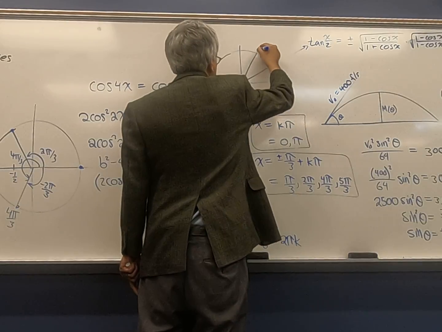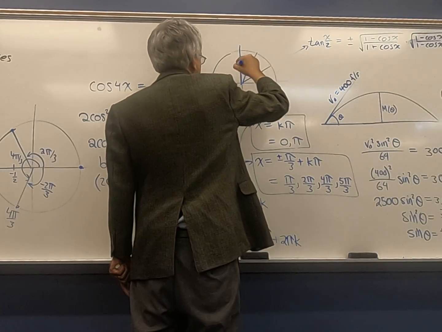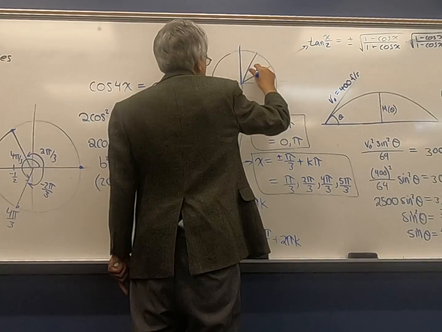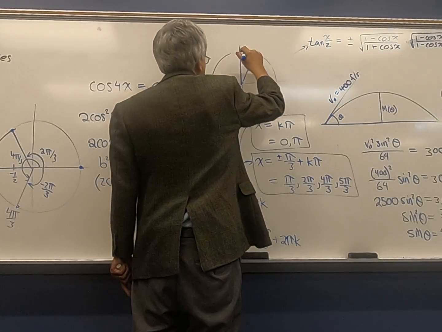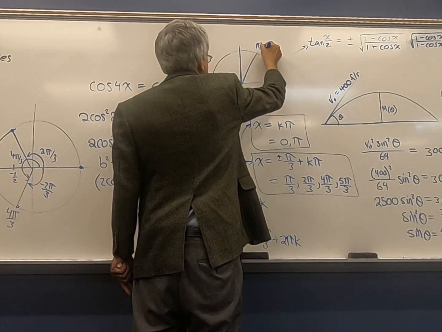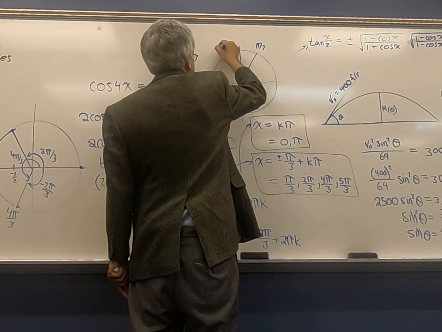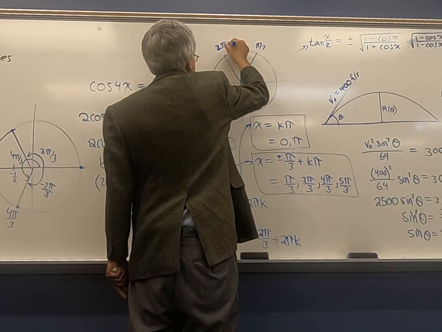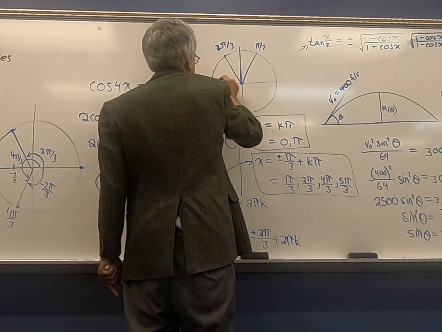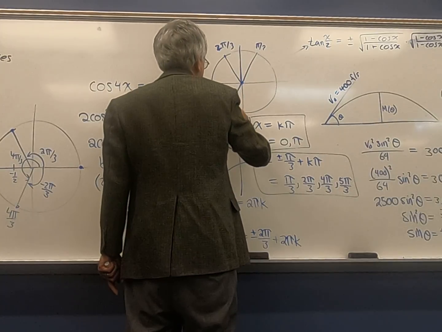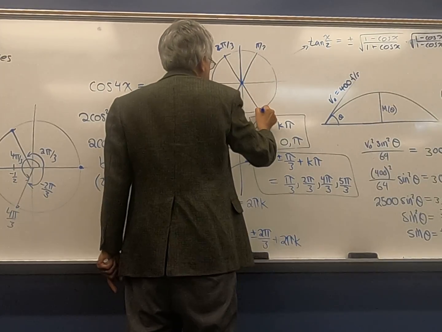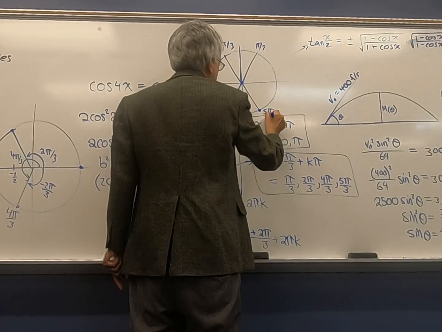Pi over 3, 2 pi over 3, 3 pi over 3. Sorry, I did that wrong. Yep. This is pi over 3, 2 pi over 3, 3 pi over 3 is pi, 4 pi over 3, 5 pi over 3, and that's it, right?